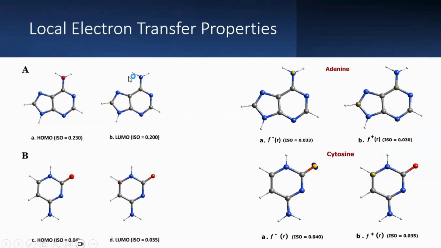Now we can also use this, if I have the two catalysts, to see where the electron transfer may occur. Here you can see at the cytosine, nitrogen has more. If this is present on the carbon atoms, it is easy to remove the electron from here, and then it is easy to add the electron here.